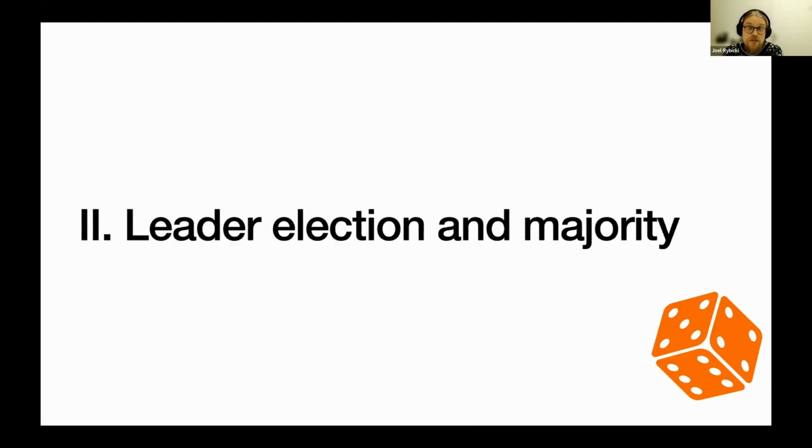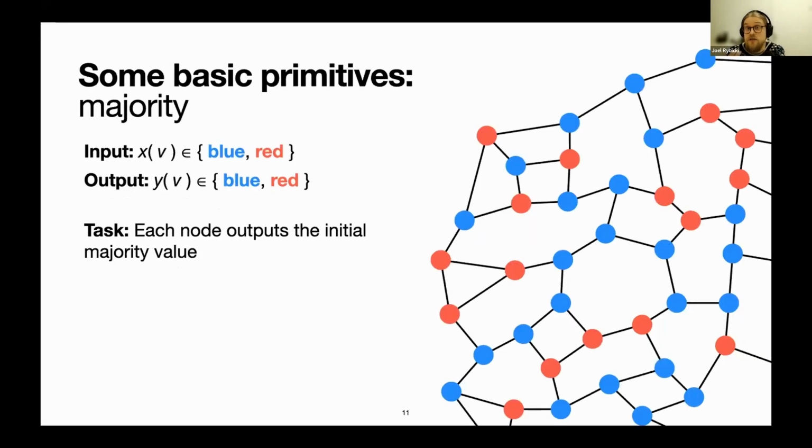And our main focus is on two classic problems: leader election and computing the majority value. Now, let's recall how these problems are defined. In the majority task, each node is given one of two colors, blue or red, as input. The task is to determine which of the input colors was initially held by the majority of the nodes.